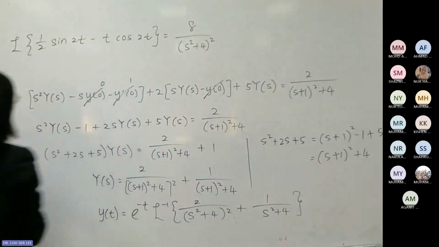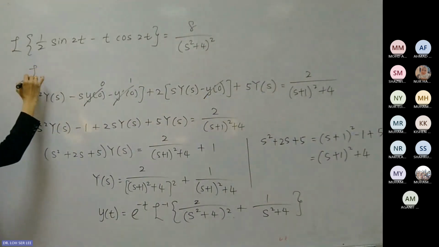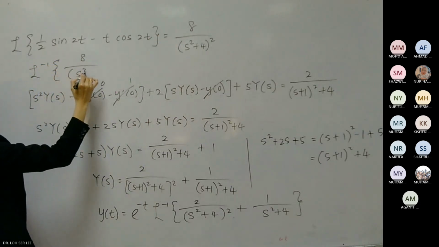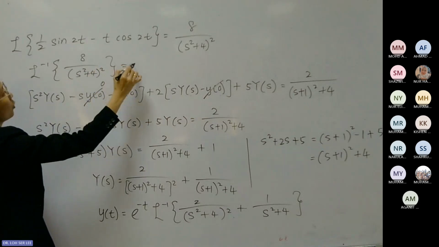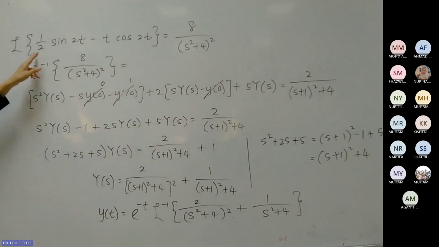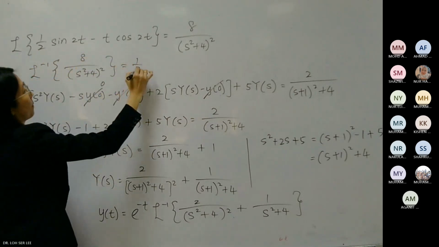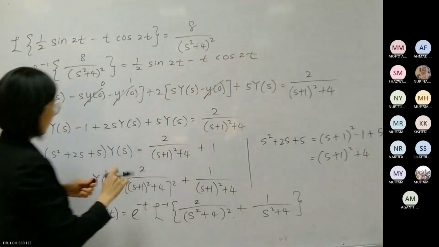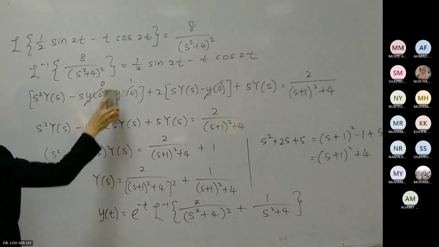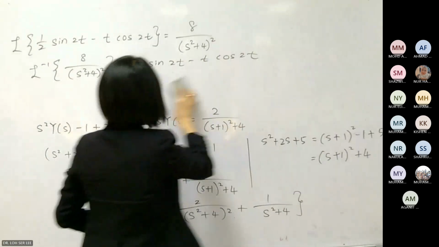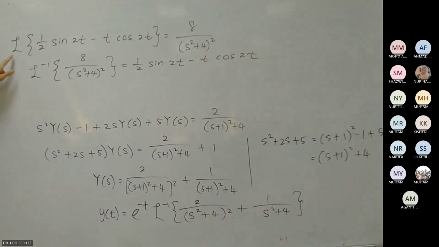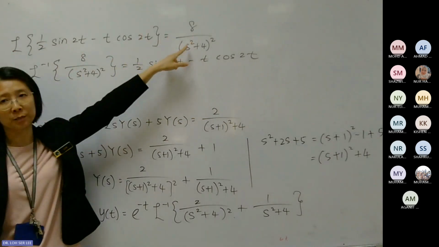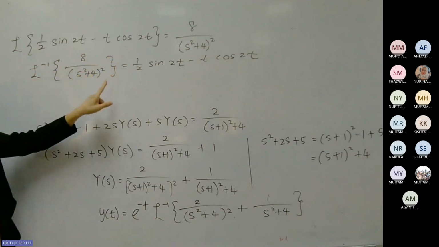So this means the inverse Laplace of this function equals to this one, right? From here, Laplace of A equals B, meaning that inverse Laplace of B equals A.